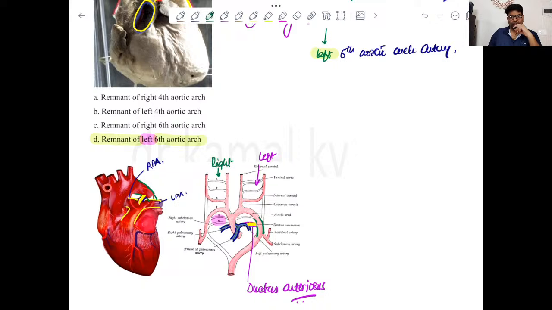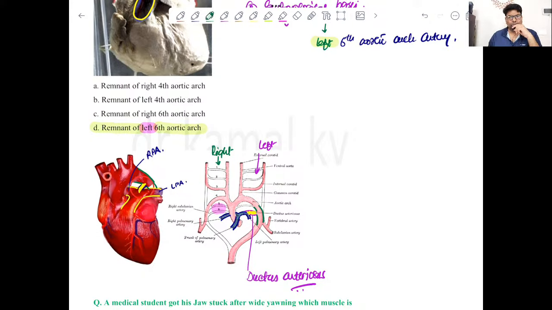Fine. So the distal portion of the left sixth aortic arch artery gives rise to ductus arteriosus, and this is a valuable structure in fetal life, and once the baby is born it is obliterated, and the remnant that we see in adult life is ligamentum arteriosum.